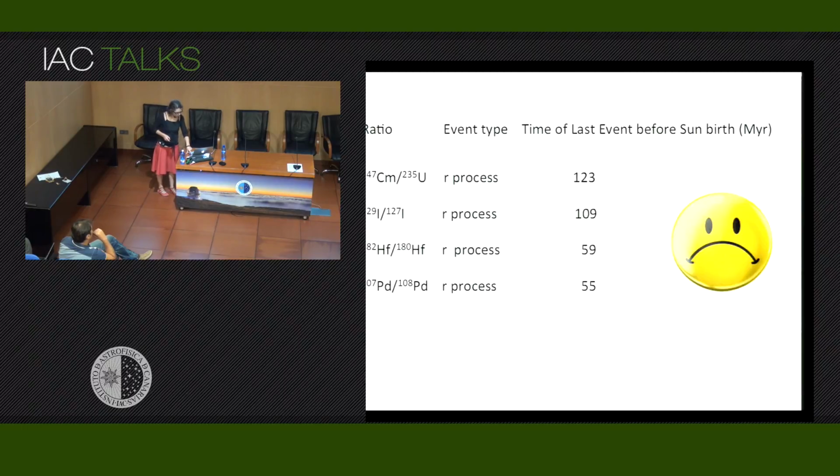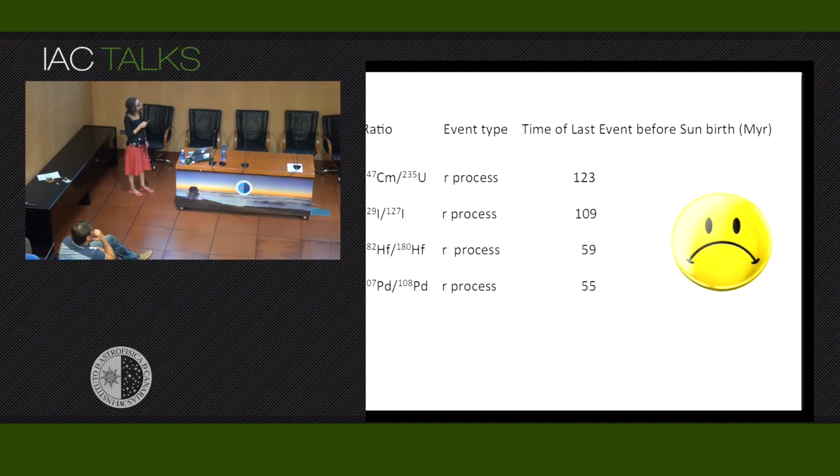But then there was a big problem with this picture, because if we take the last R process event that contributed to the solar system, and we try to time when it happened, we get very inconsistent times.